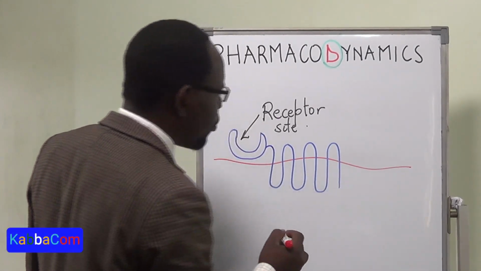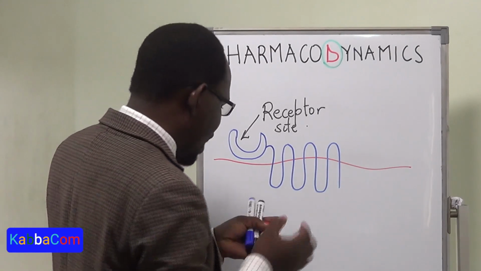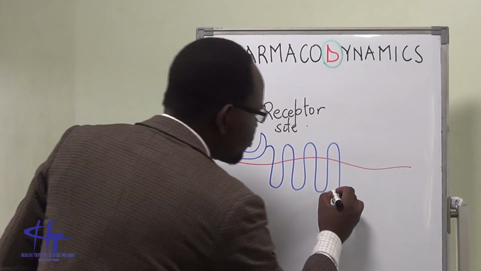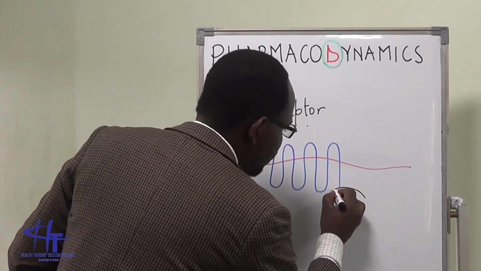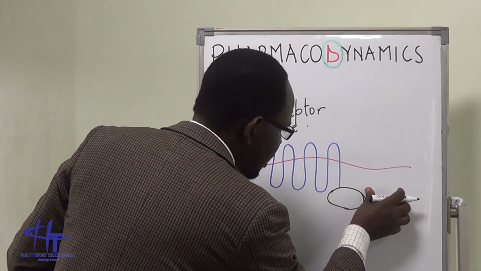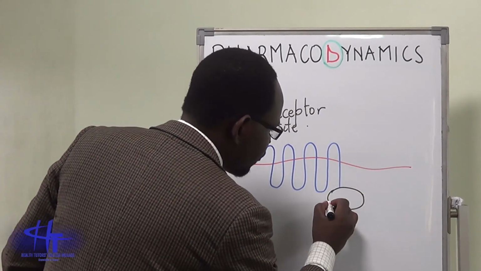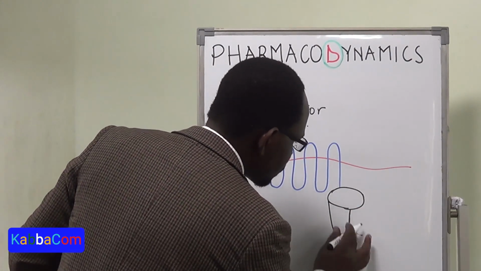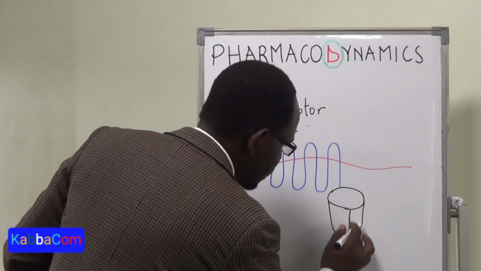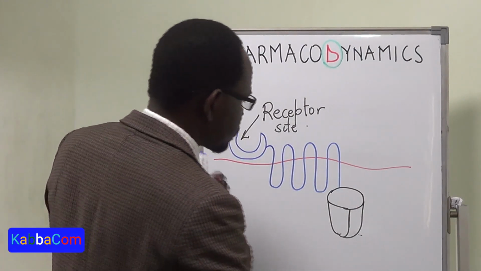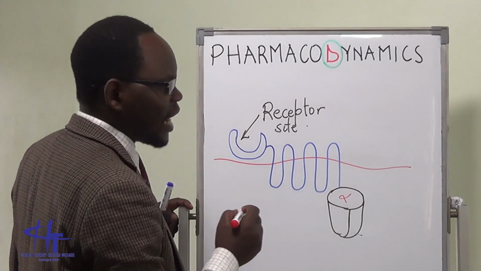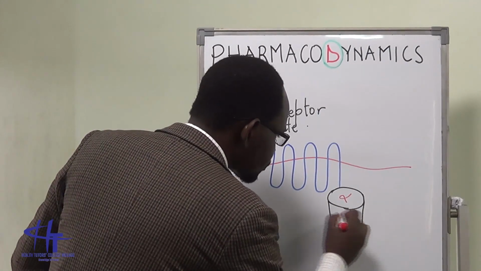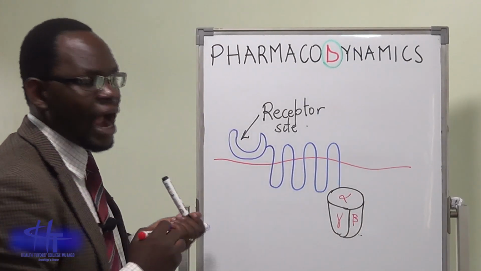Now with the G-protein coupled receptor, we have what we call a G-protein, and that G-protein comprises 3 protein subunits: the alpha subunit, the beta subunit, and the gamma subunit.